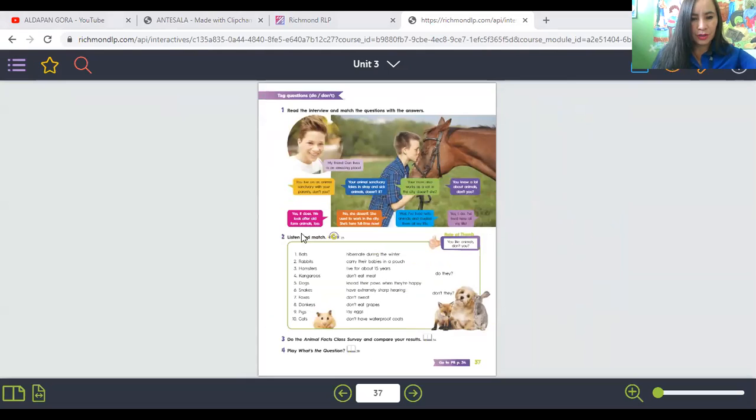Bats. 2, Bats. 3, Hamsters. 4, Kangaroos. 5, Dogs. 6, Snake. 7, Foxes. 8, Donkeys. 9, Pigs. And number 10, Cats. Very good. Pay attention to the audio and try to guess the correct information.